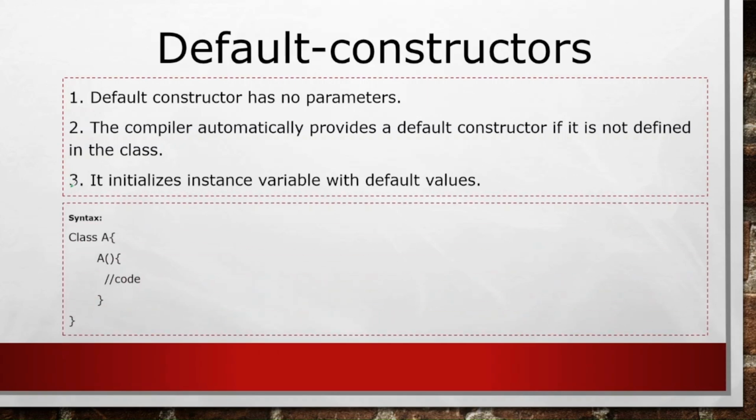Here is the syntax. Class A, and the constructor has the same name, with no parameter here. We are not sending any parameters or arguments, so that's why it is called the default constructor.